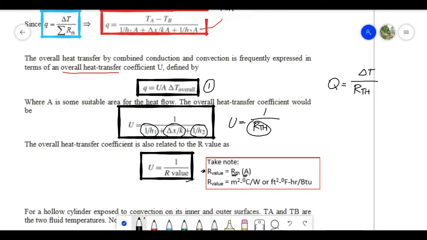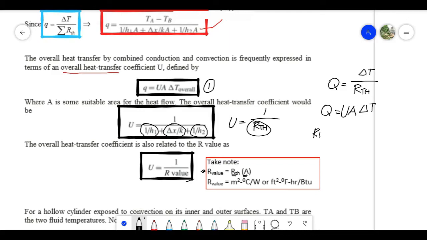Yan yung unang alam natin na equation. Pero sabi, ang Q daw is pwede rin pag overall heat transfer coefficient ang given, U A delta T. Yan ang magiging equation daw natin. So, paano ba naging ganyan yung equation natin? Yan nga, yung thermal resistance natin.